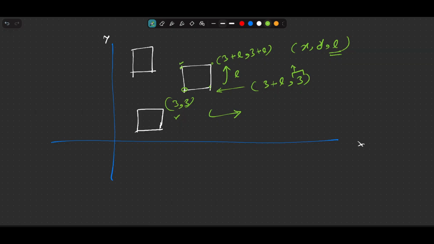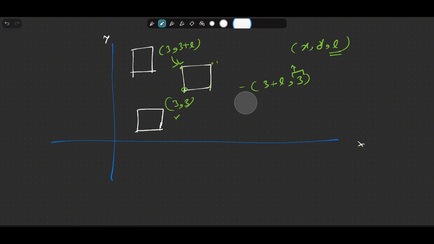What is this point? This is this below point incremented by l steps, so it's basically 3 comma 3 plus l. So here we saw that if we get only one point and a length, then we can evaluate all the other 3 points. So let's go back to the question and see how we can solve this problem.